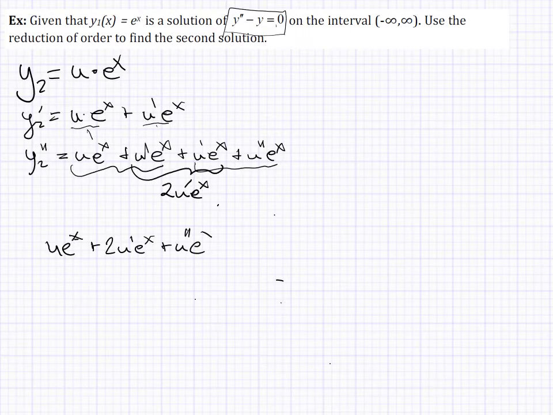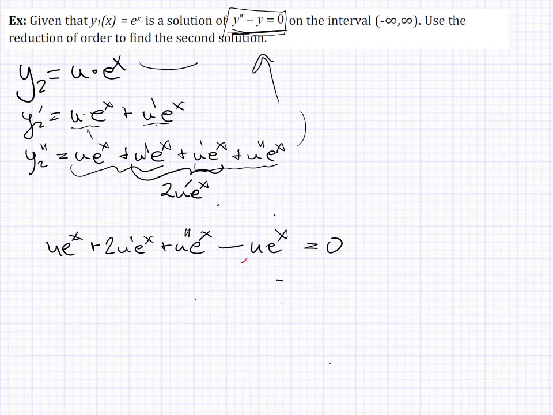All right. Minus y, which is u e to the x, equals 0. And that's, again, just plugging y and y double prime into the differential equation.